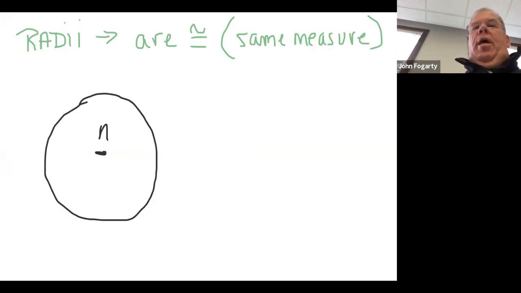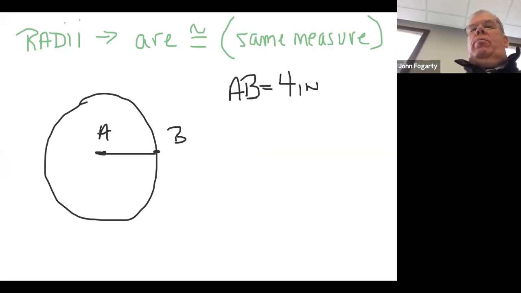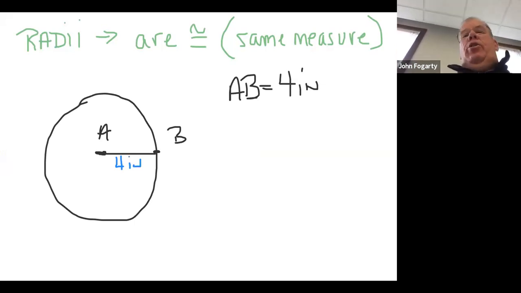So here's AB. AB is obviously a radius, right? And I'm going to tell you that AB equals 4 inches. Now, there are certainly more radii in that circle.